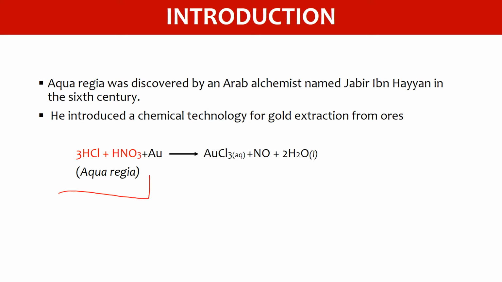I'm sure you all know now what aqua regia is. Aqua regia is simply a mixture of hydrochloric acid and nitric acid in the ratio of 3:1 respectively. When you do that, you simply leach your gold into solution and you form your AuCl3 in aqueous solution. And therefore, this means that you have leached your gold. So he's the one that actually introduced this chemical technology for leaching gold from ores.